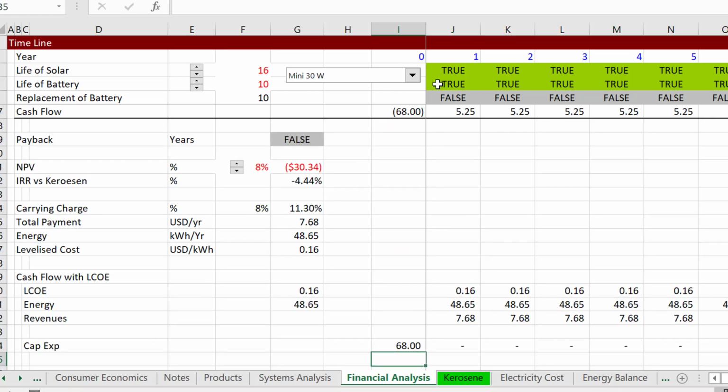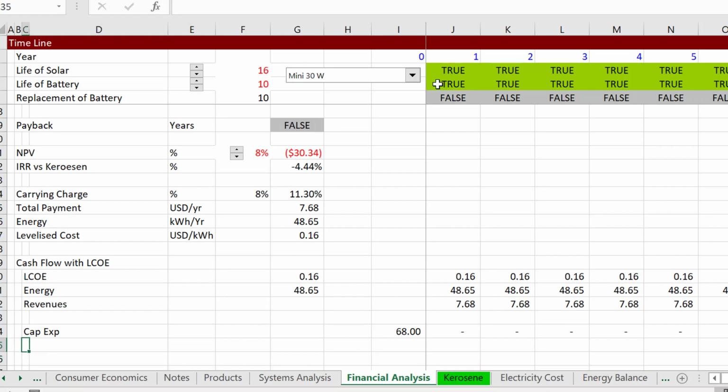Once I put in the cash flow, we'll take this one minus this one. We'll compute the IRR on that cash flow.